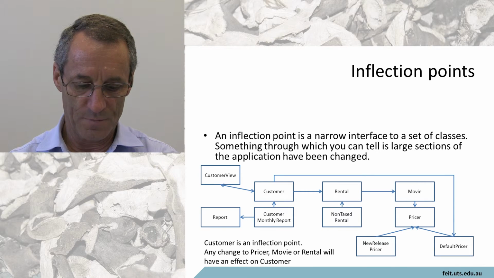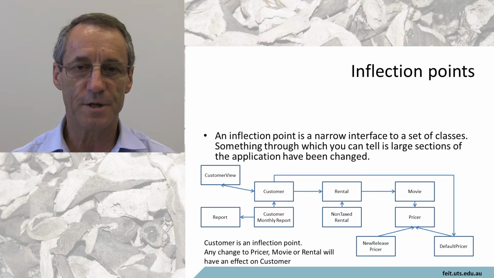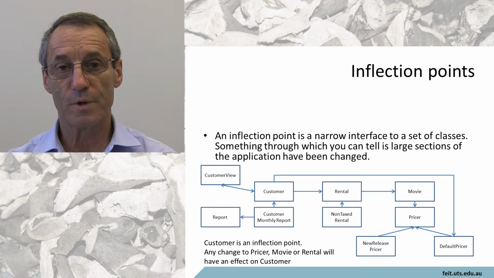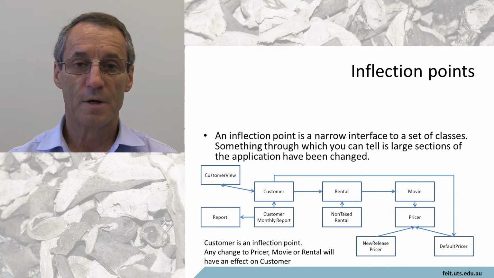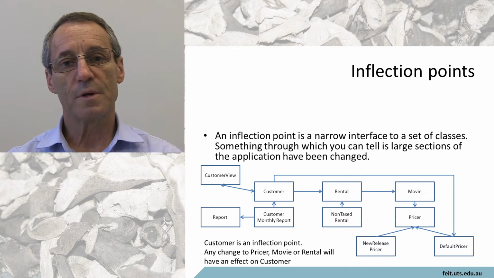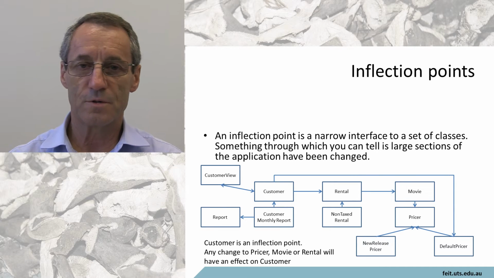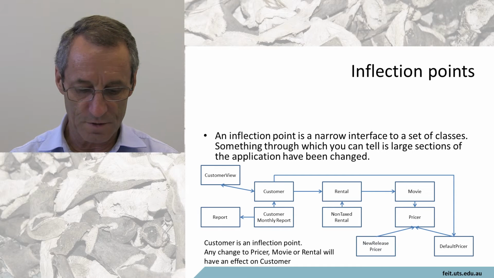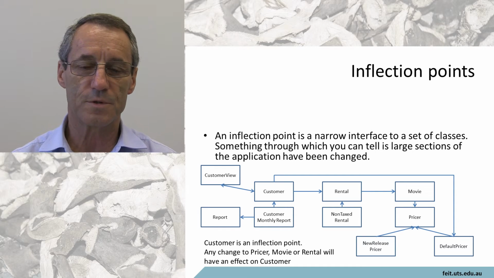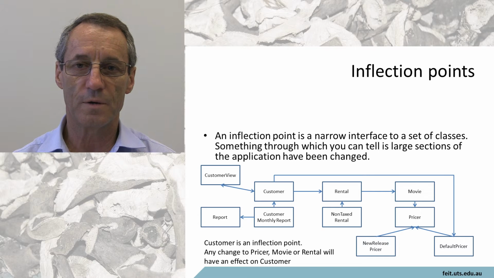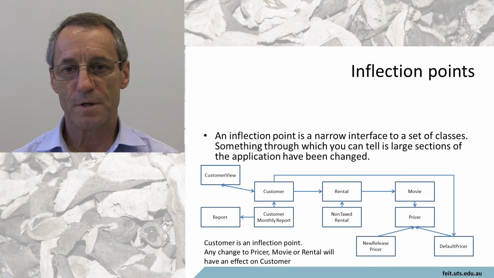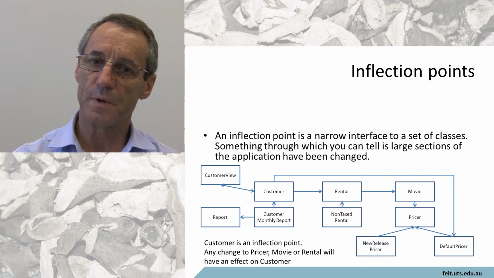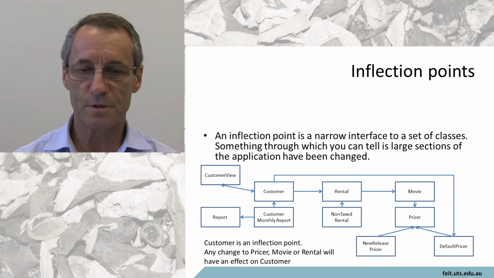So changes to information recorded about the customer, or changes in relation to things done by the customer, tend to point out when something else in the system has changed or become worse. So a change to, in that case, the price of a movie rental will have an effect on the customer. So you can make a change in there, test them, but then test customer and see if what you've changed has made an unexpected or unwanted change in the customer.